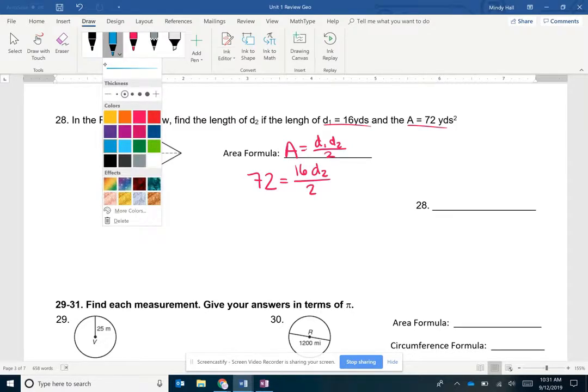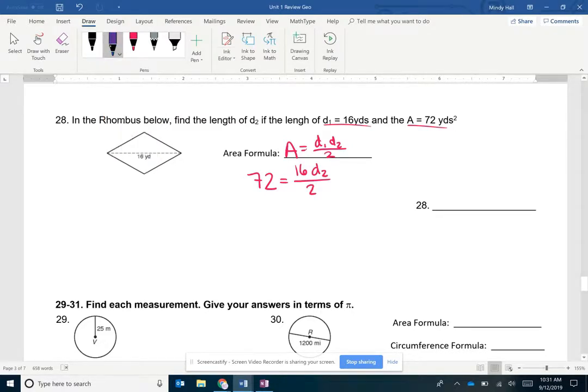So to solve this, we'll multiply by 2 this time to cancel out the one on the right. 72 times 2 gives me 144. And then I divide by 16. So 144 divided by 16 gives me 9. And again, this is just straight yards because it's not the area.